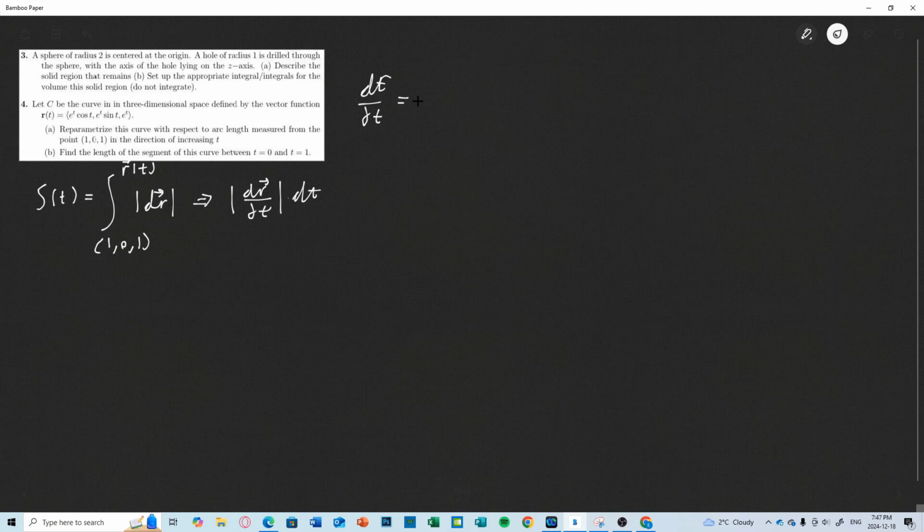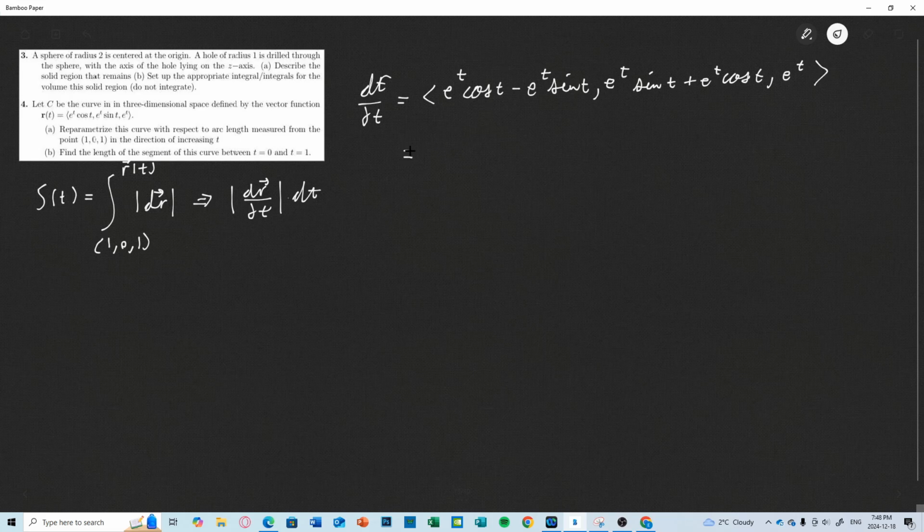It's an r, which is going to be equal to e to the t cos t minus e to the t sine t, and then it's going to be e to the t sine t plus e to the t cos t, and then just e to the t.